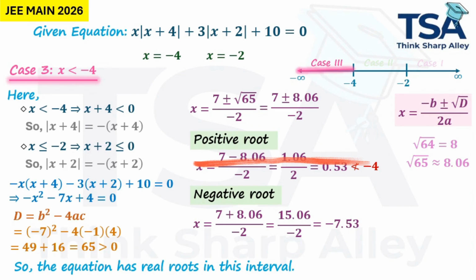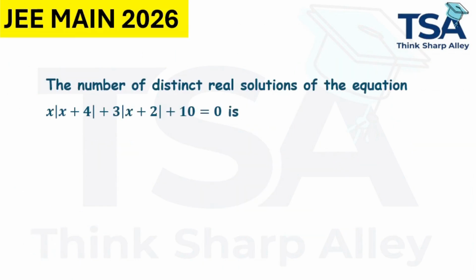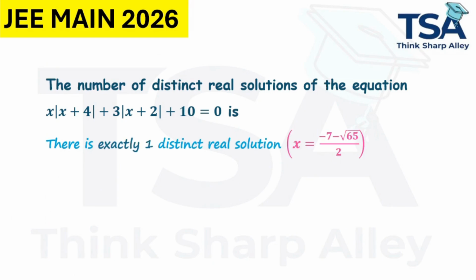Is minus 7.53 less than minus 4? Yes, it fits perfectly inside our designated zone. So after scanning the entire landscape of the real number line, we have exactly one solitary real solution that survives our boundary criteria, which is x equal to (minus 7 minus root 65) by 2.